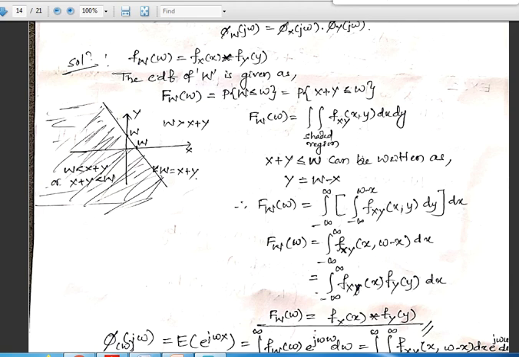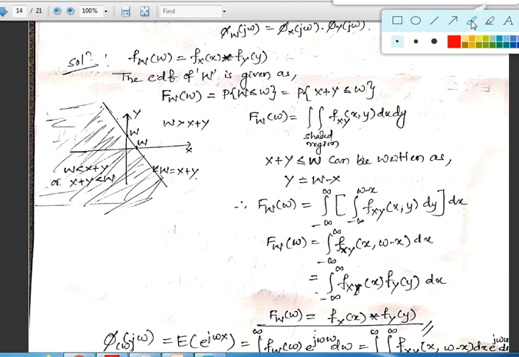So it is just like a convolution equation, that is x of k h of n minus k, that kind of form. In place of y we can write w minus x, which represents the convolution equation.